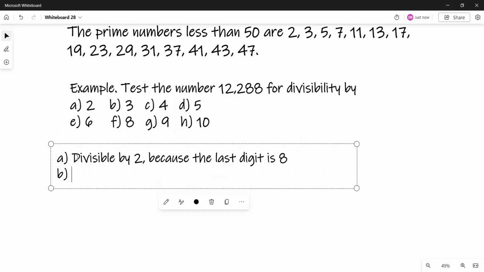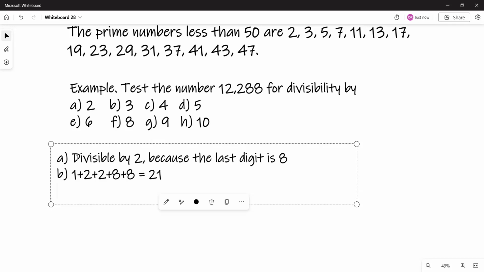It is also divisible by 3 because the sum of the digits is a number that is divisible by 3. So if we add the digits, that's 21. So yes, it is divisible by 3, because 21 is divisible by 3.